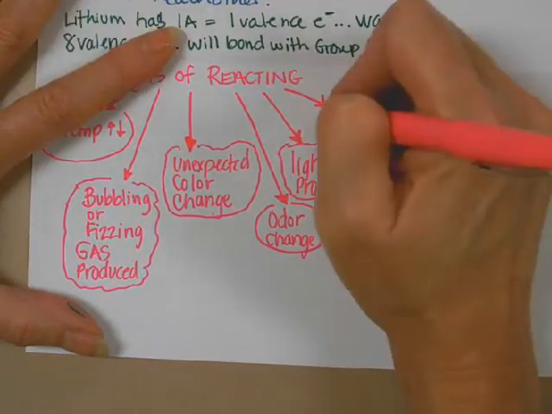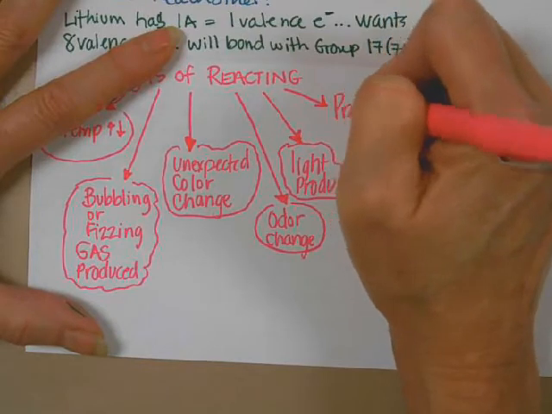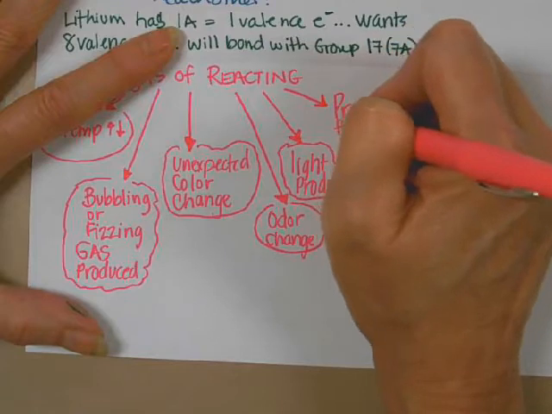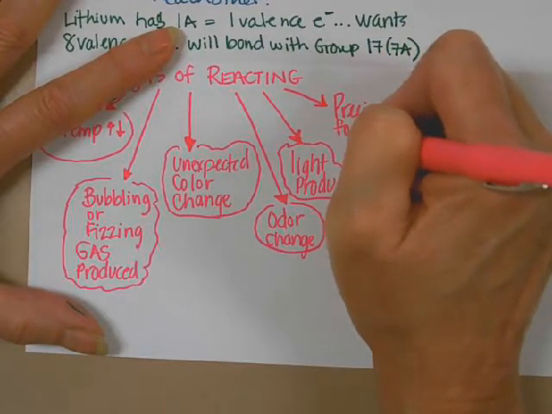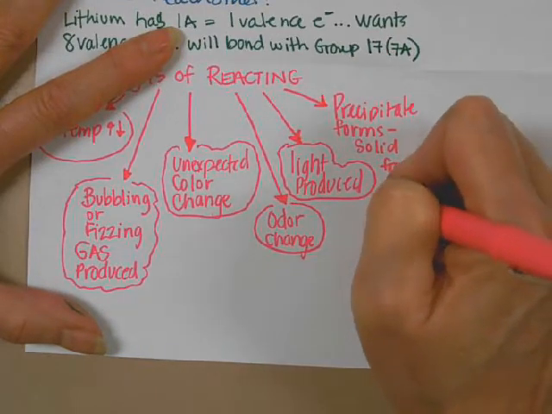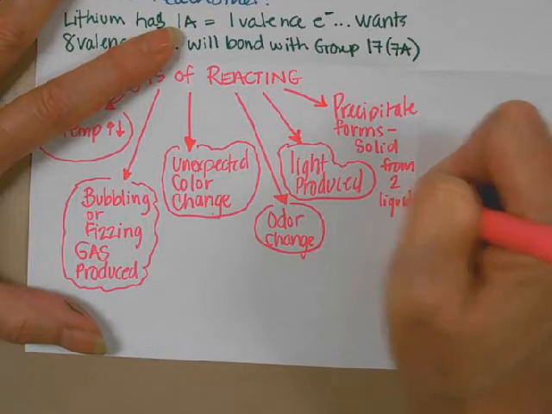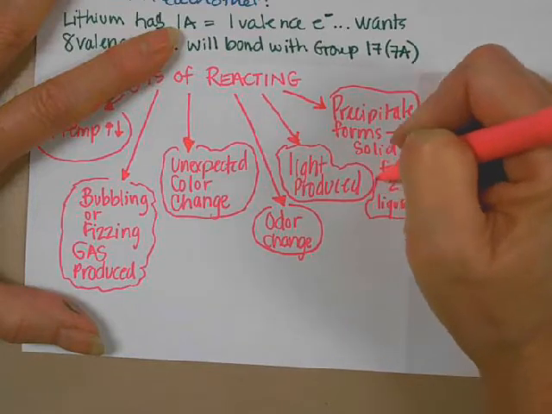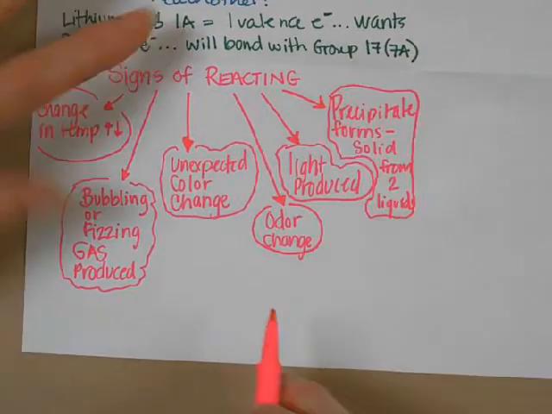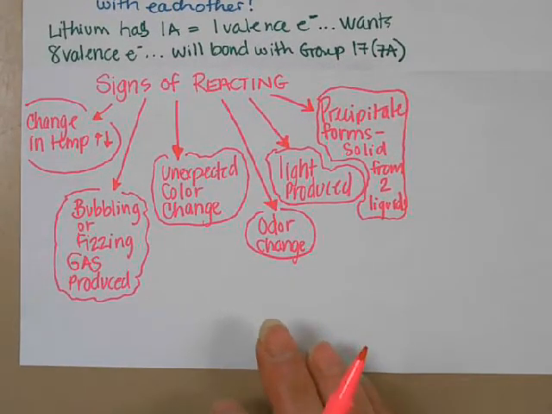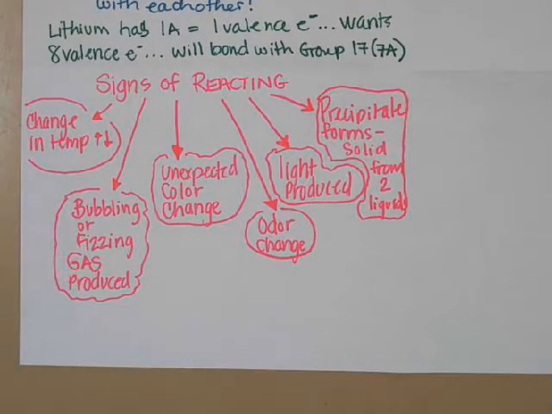That is called a precipitate, which is a solid from two liquids. So obviously you didn't have a solid before, but you get one as a result. One example of the gas, remember when we blew up the balloon with the baking soda and vinegar? That would be an example of gas production.